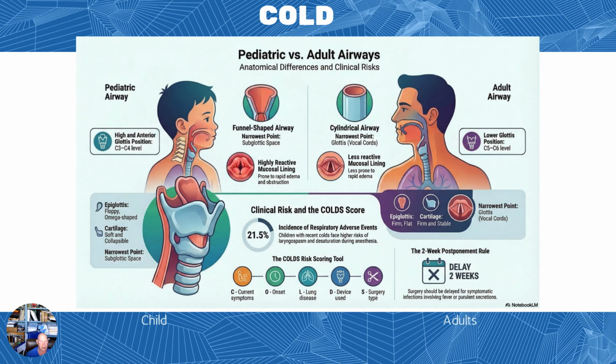In pediatrics, the cricothyroid is flexible, the epiglottis is floppy, and the vocal cord is usually at the level of C3, C4. In an older adult, the vocal cords are usually at the level C5, C6. Cricothyroid is more rigid, and the epiglottis is not as floppy.